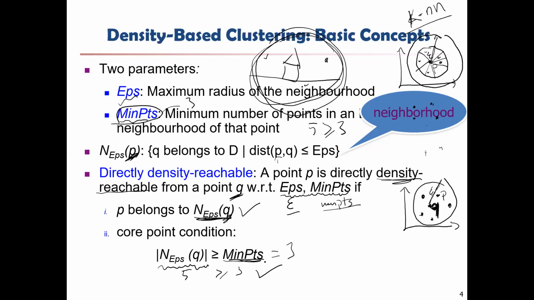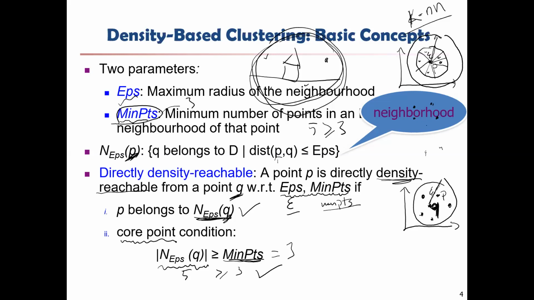This also necessitates that this point Q should be a core point. Okay, looks like we have a new definition. What is a core point? A core point is a point which has at least the minimum number of points in its neighborhood. Okay, so that's the definition.